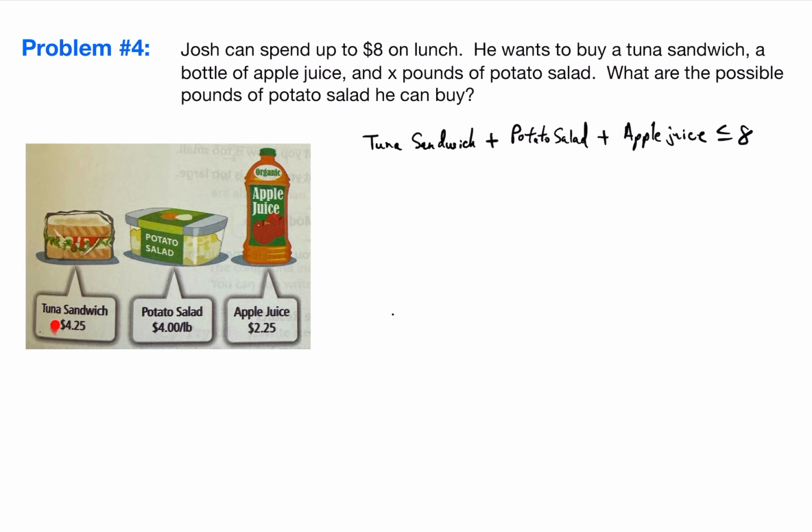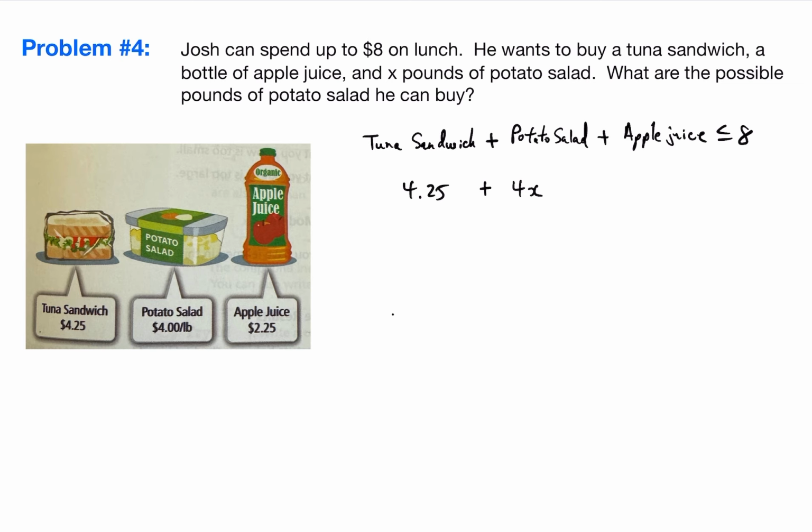Okay, well, let's go ahead and substitute these numbers. We know that the tuna sandwich is $4.25. So that's 4.25 plus our potato salad, which is $4 per pound. Okay, so we're going to say $4 times X, right? $4 per pound.